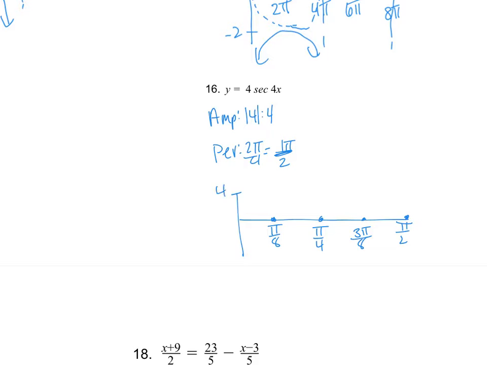So this is 4, this is -4, positive secant, so we're going to do a positive cosine graph to help us. Throw those asymptotes in. Here come the secant graphs right along those asymptotes.